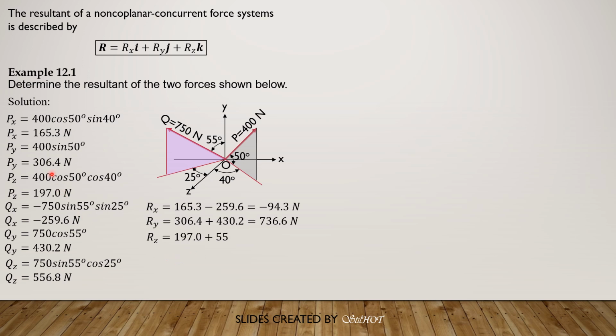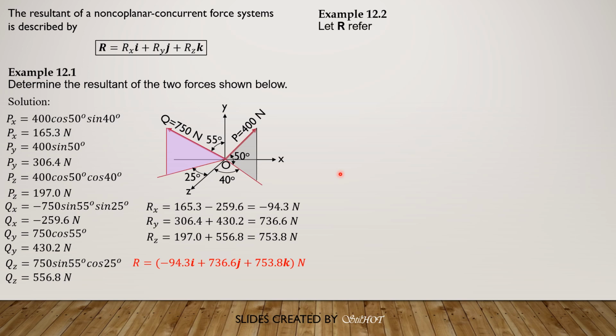And Rz is 197 plus 556.8, so 753.8. Expressing the resultant in vector form, we have negative 94.3i plus 736.6j plus 753.8k. So that's the resultant of this first problem.